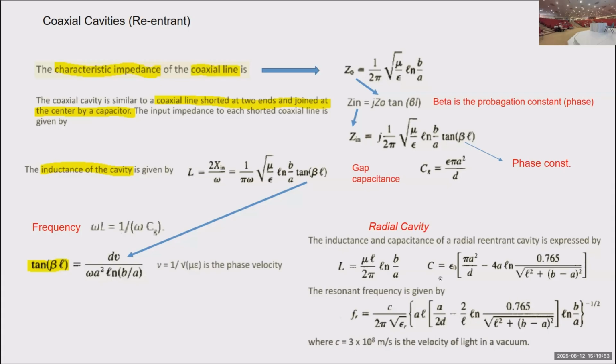That's the input impedance of the propagation. It's the coaxial input impedance. If you put the Z0 into place, you can get the input impedance. That's the final result for the inductance. It is here, the tangent beta L.